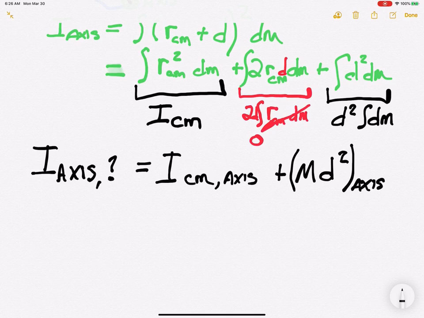So as long as everything is spinning around the same long axis, parallel axis theorem is great.